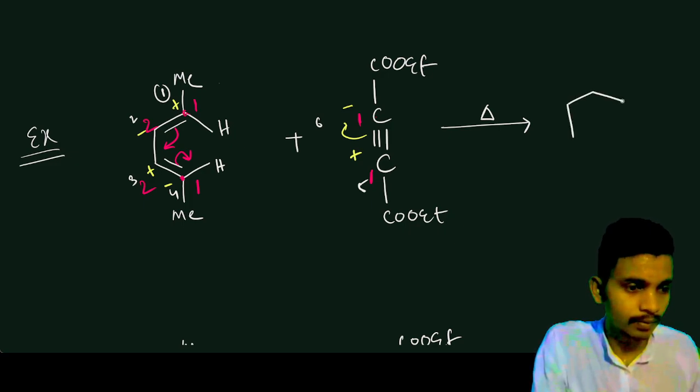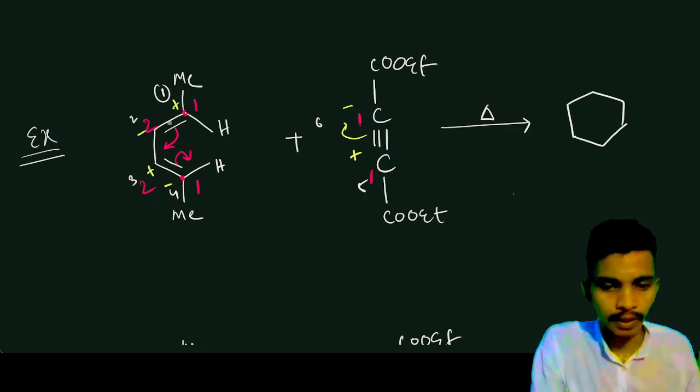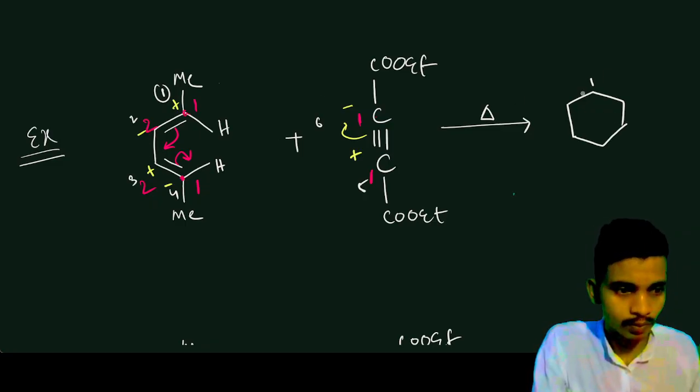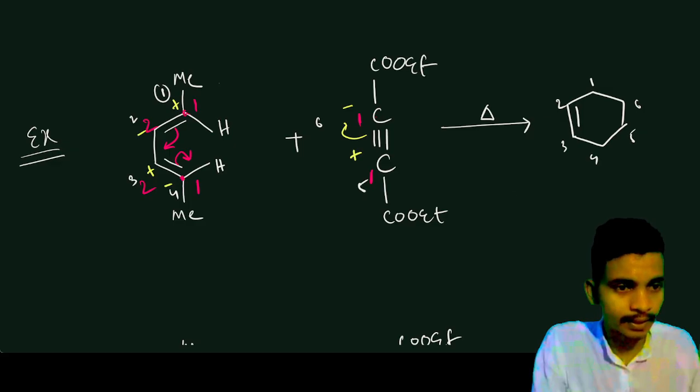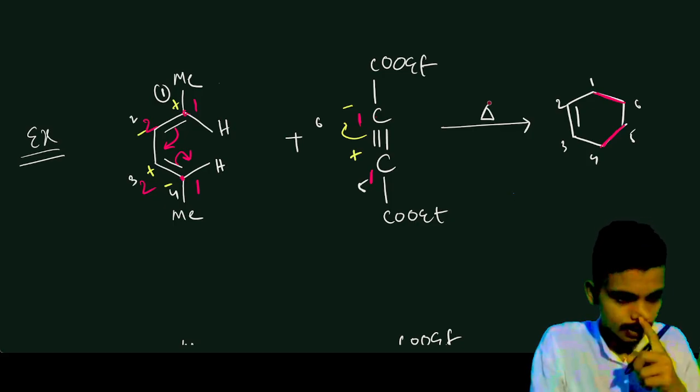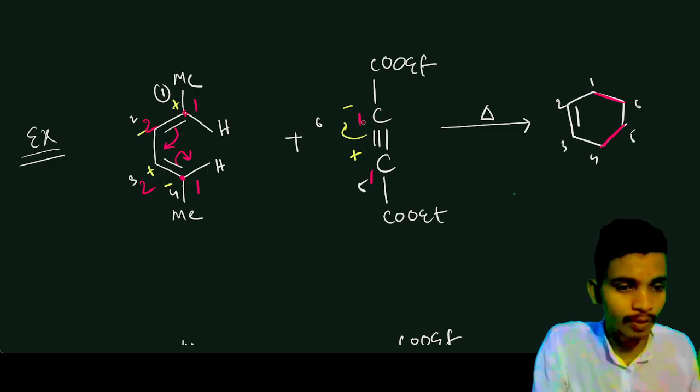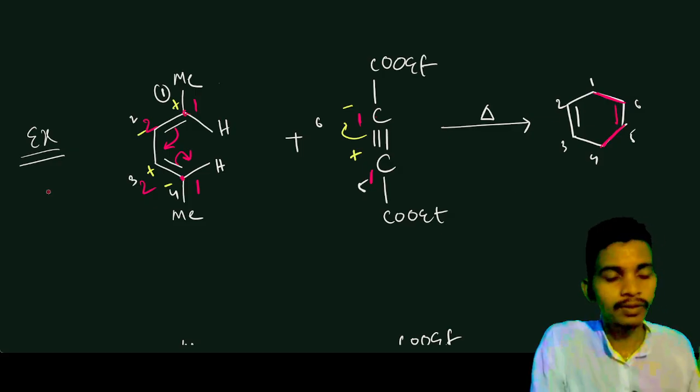The 2-3 double bond will form, and 4 and 5 form a new sigma bond, and 1 and 6 also form a new sigma bond. This is the ring that has formed. And here the triple bond is there for 5 and 6, but one has been used to form the sigma bonds, so a double bond remains. So this is the product.